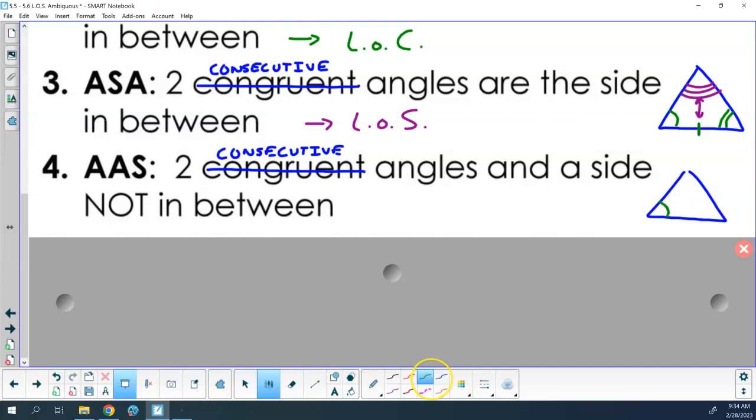So we have two consecutive angles, and we'll say this side. Again, because we know that the triangle sum theorem is out there, we know what this angle then is, and now we have a complete pair. Or we were actually given a complete pair. But now we can use the law of sines to find the other two missing sides.